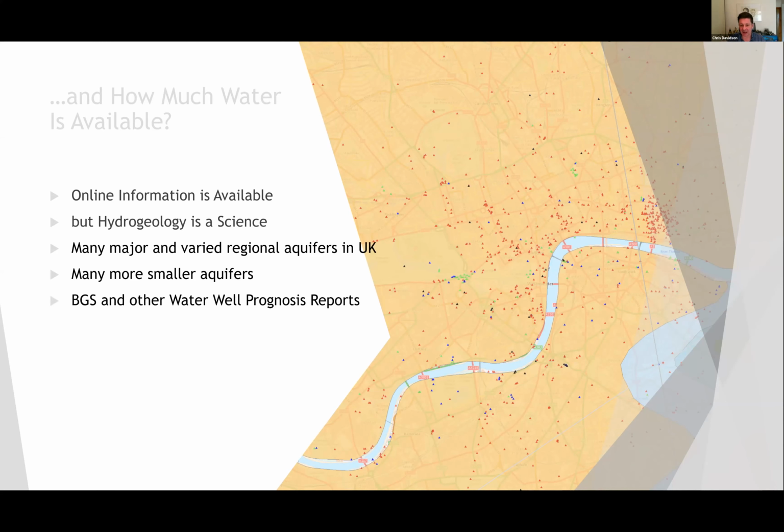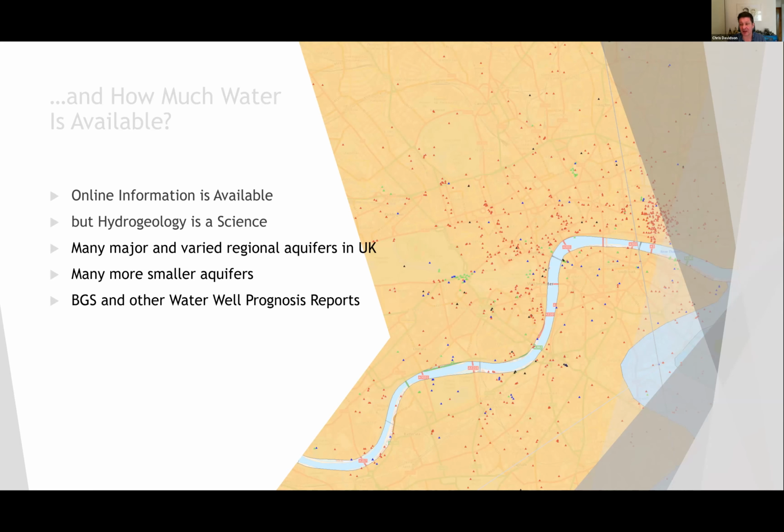So once you've had a look at things, I would really strongly recommend that you get a water well prognosis report. The British Geological Survey provide these. They're at a very reasonable cost, and they are excellent reports. There are other companies around the country, so commercial organisations, who will deliver the water well prognosis reports.